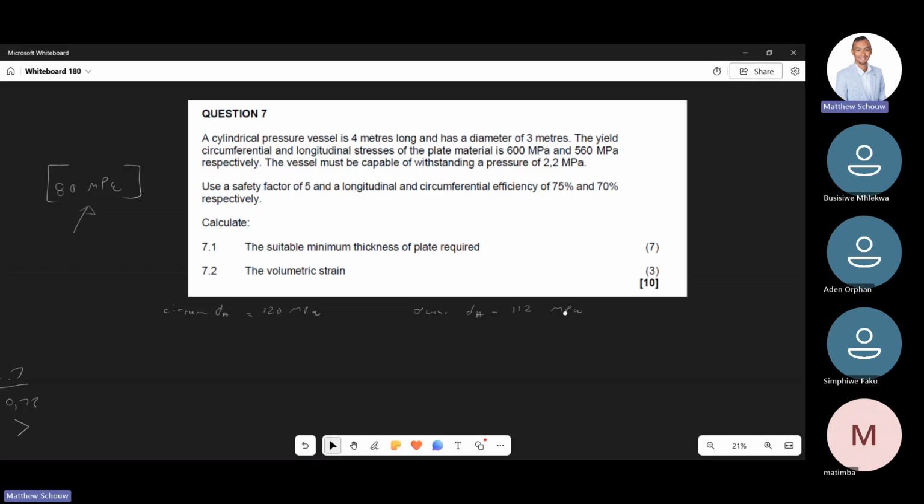Right, colleagues? I don't want to spend too much time. We have 2 minutes left. We'll see Aiden, what thickness did you get? Should be a quick calculation, I think.